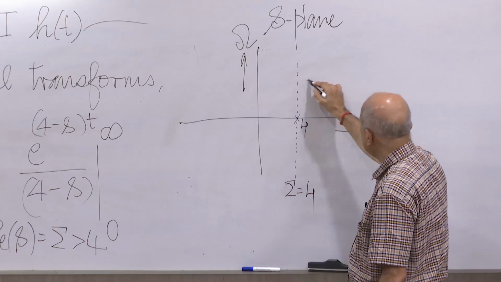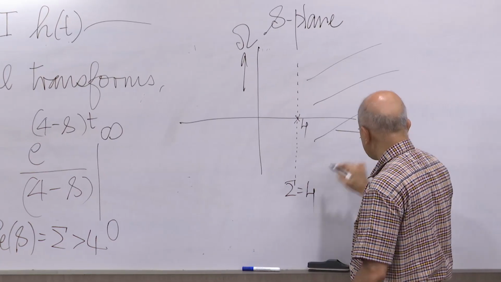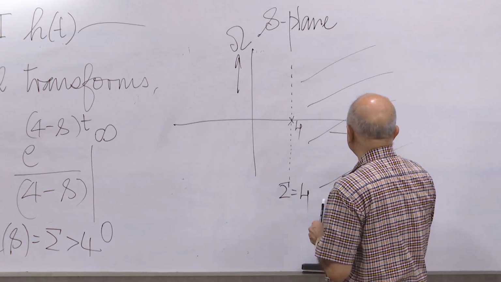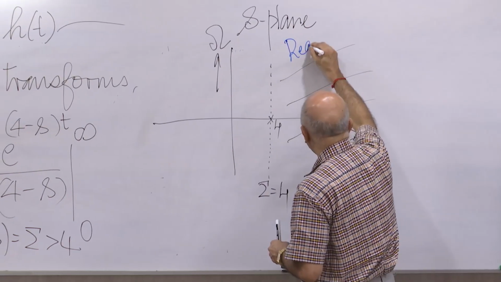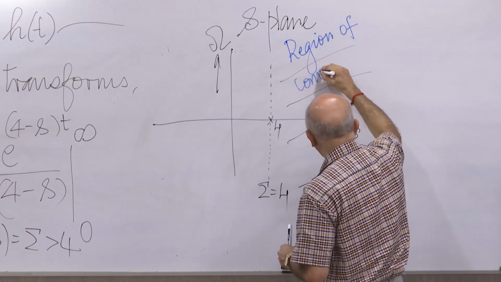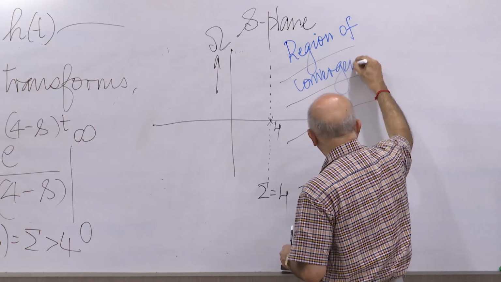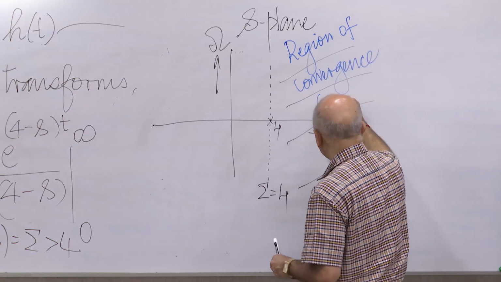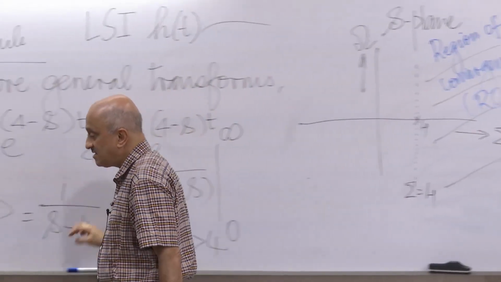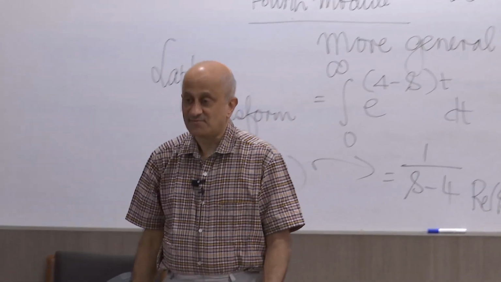And this is the region in which you must choose s. This is therefore called the region of convergence, or ROC. This is the region of convergence of the Laplace transform.